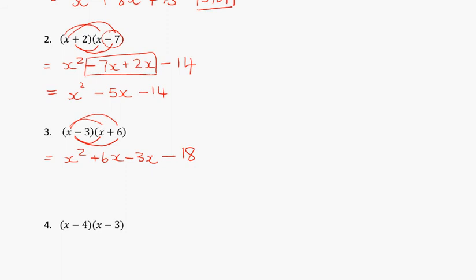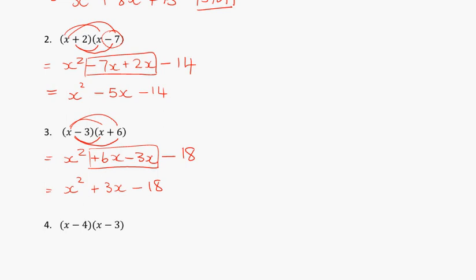So you've done your multiplying. Now you're going to do your adding or subtracting to simplify. x squared, now I've got plus 6x, take away 3x. So you're up 6 and you go down 3, so you're still up 3x minus 18.